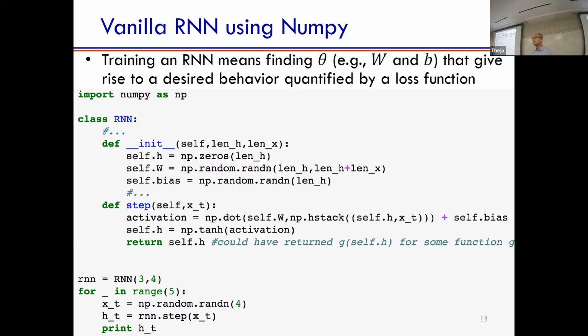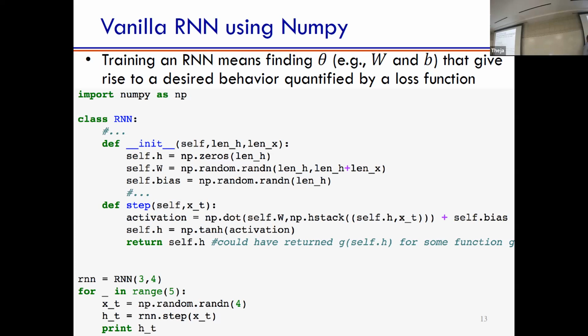Any questions here? Okay, so yeah, the bottom line is just illustrating, if you define the RNN block this way, I'm instantiating an object from this class. With 3 and 4, the hidden vector will have dimension 3 and the input will be of dimension 4. And I'm just saying for _ in range, you can put i if you want, but we're not using the variable, that's why we're using the convention underscore to ignore the variable.